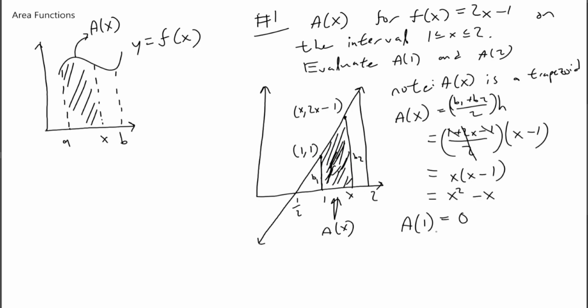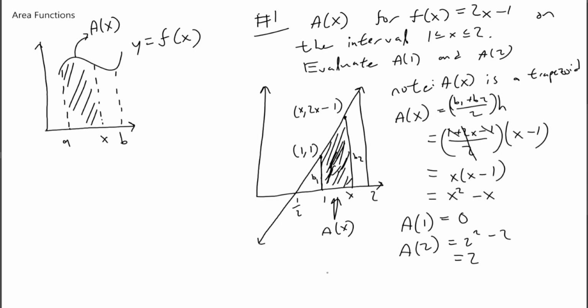So if we put in 1 for our value, from 1 to 1 there is no area, just a straight line. And if we substitute the value 2, we get 2 squared minus 2, which is 2, the area from 1 to 2 given by our area function, 2 square units.